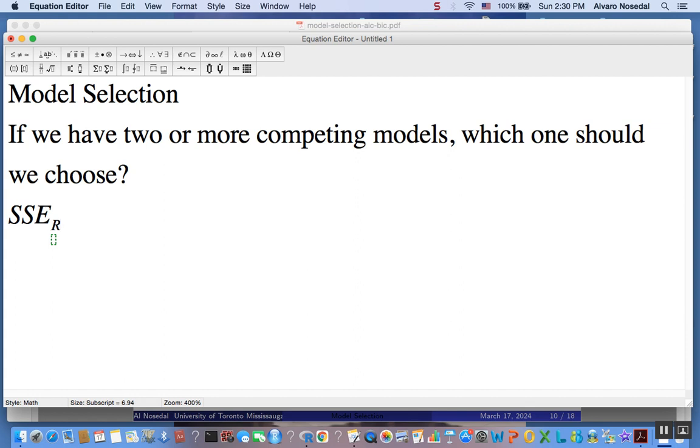In this case, what I want you to remember is that the only parameter you have for that reduced model is a constant. So the estimator for that will be just y bar. Let me write down what the sum of squares for the error of the reduced model will be.